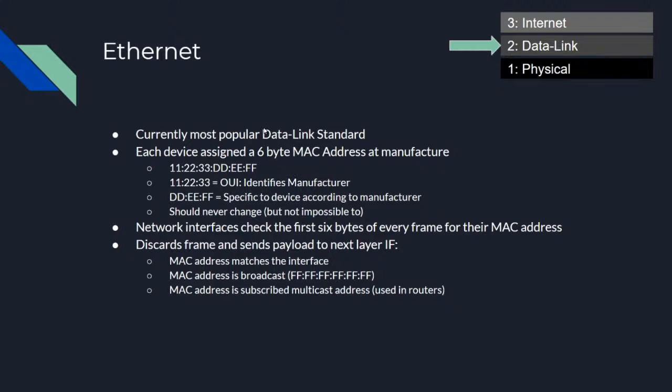The first 3 bytes are the OUI, or organizationally unique identifier, which identifies the manufacturer of the device. And the second half of the MAC address is specific to the device, according to the manufacturer.